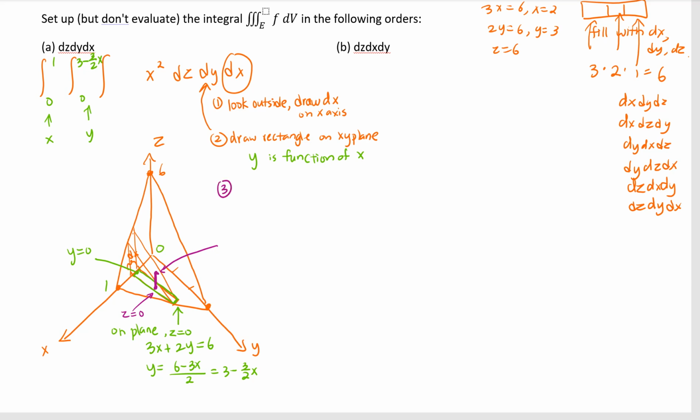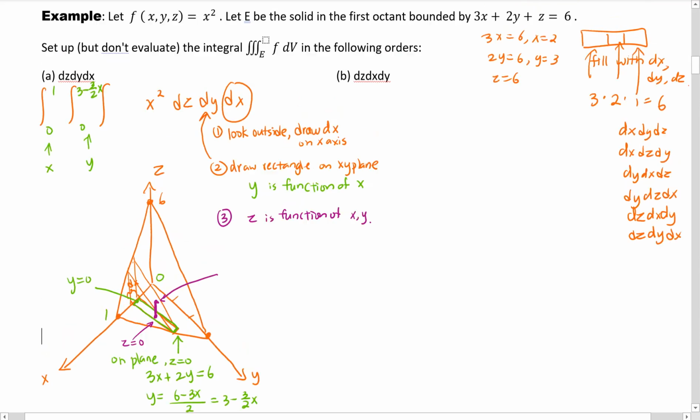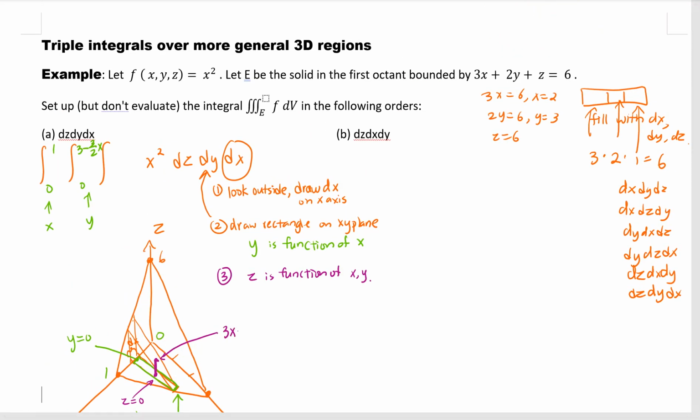So step 3, z is a function of x and y. On this plane, 3x plus 2y plus z equals 6, solve for z. So z is 6 minus 3x minus 2y.